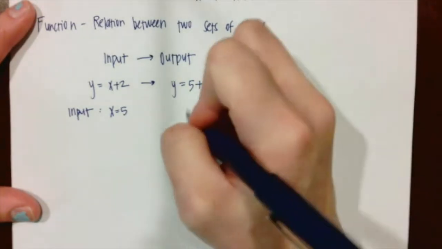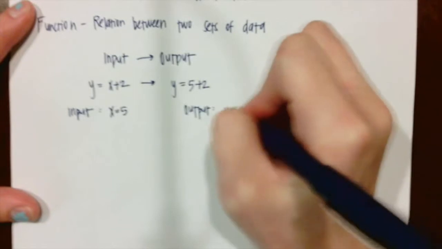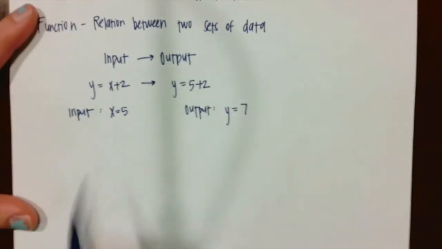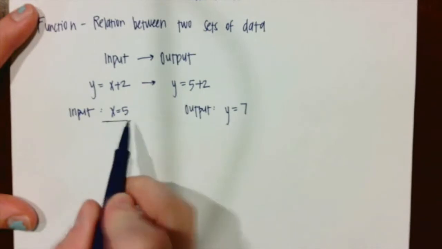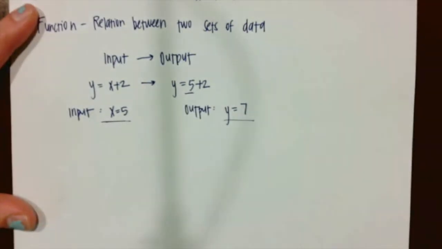So y equals 5 plus 2 turns into our output of 7. So we take our input, we plug it in, and then we get our output.